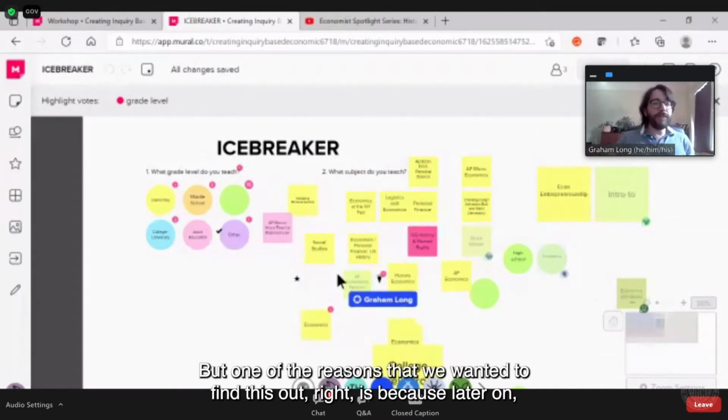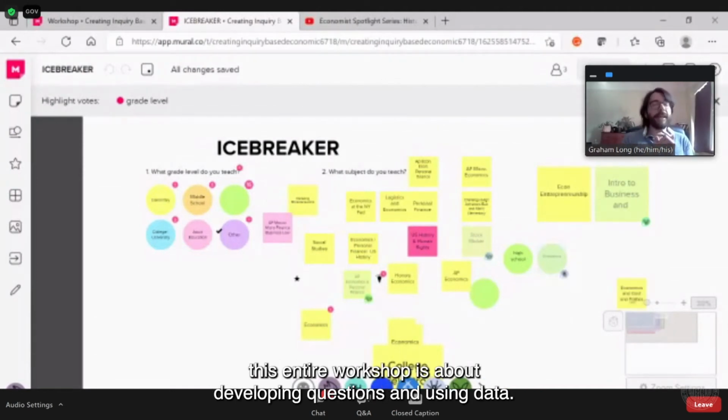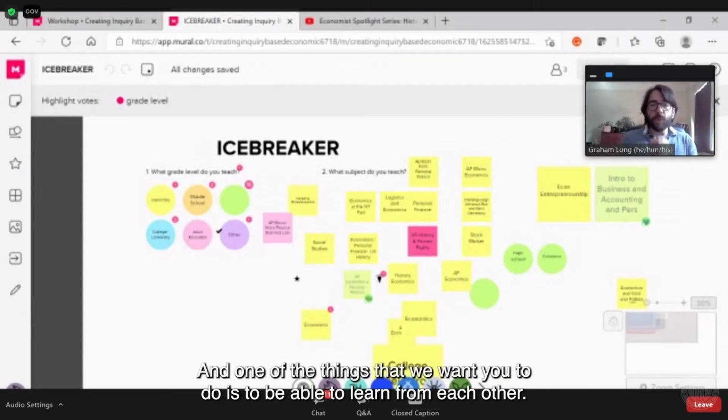But one of the reasons that we wanted to find this out is because later on, this entire workshop is about developing questions and using data. And so one of the things that we want you to do is to be able to learn from each other.